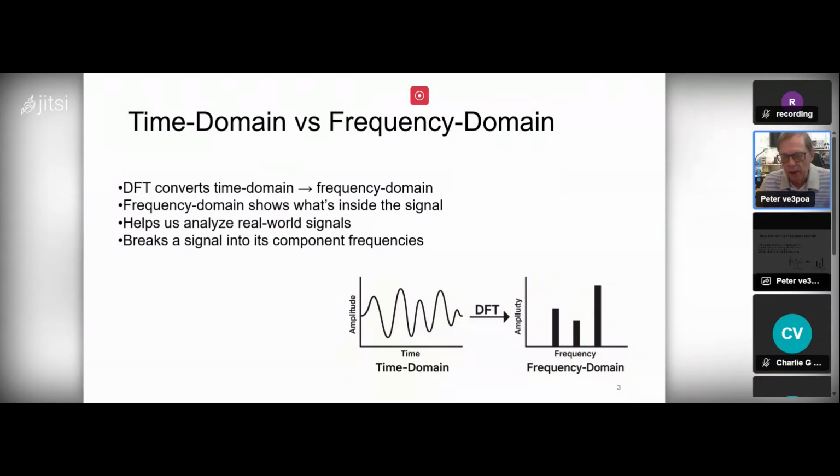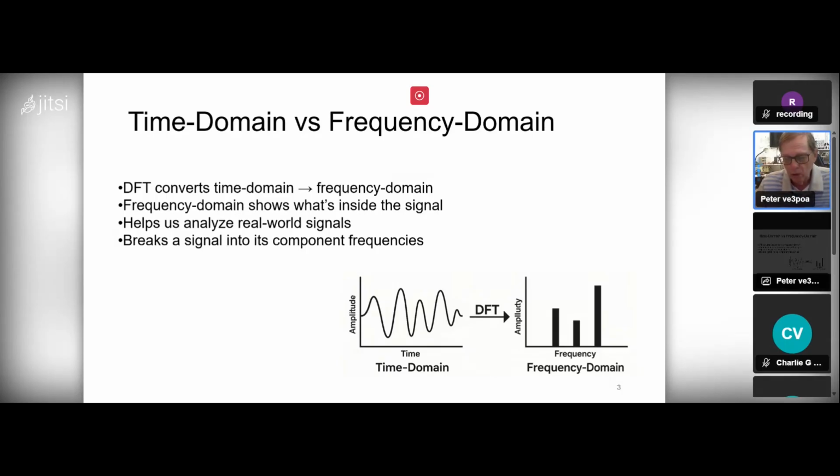In the time domain, we see how the signal changes over time. The frequency domain gives us a different perspective. Instead of showing the signal shape, it shows what frequencies are present in that signal. The tool that makes this conversion is the discrete Fourier transform, or DFT. DFT breaks down a complex signal into a set of sine waves, each with its own frequency, amplitude, and sometimes phase as well.